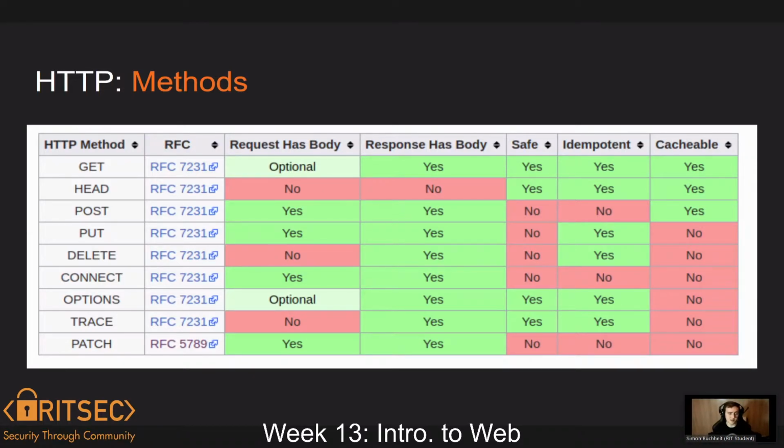The next method that's actually pretty important for you to know is the OPTIONS method. What this is going to do is you'll send a request to the web server, and if it supports the OPTIONS method, which most of them do, the web server will return the methods it supports. So one of the headers it will return will be an Allow header, and then there will be a list of HTTP methods that web server supports.